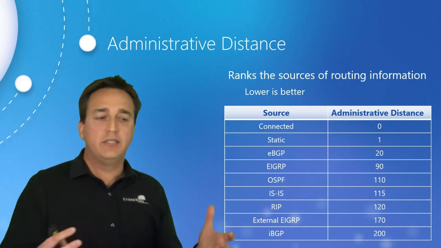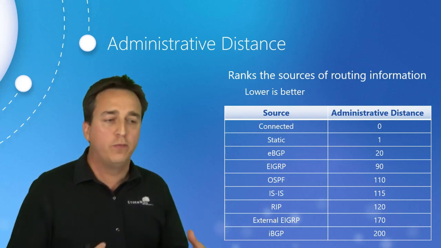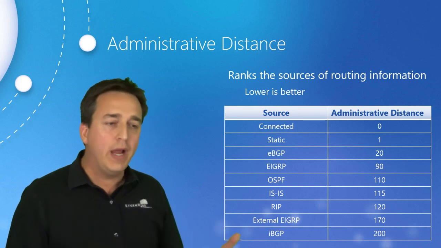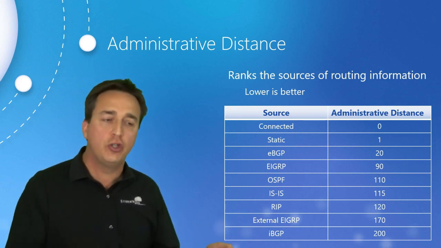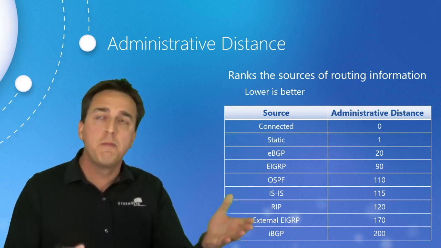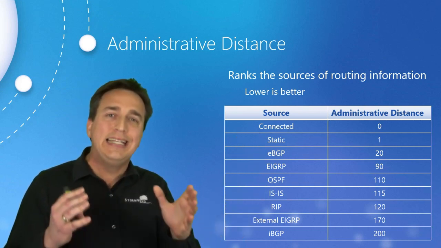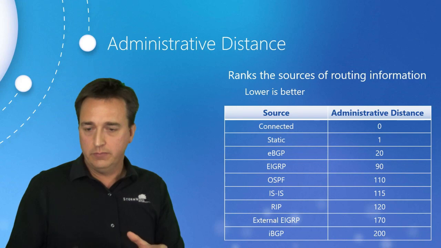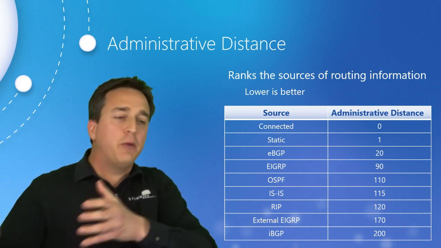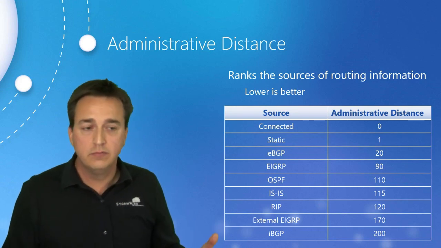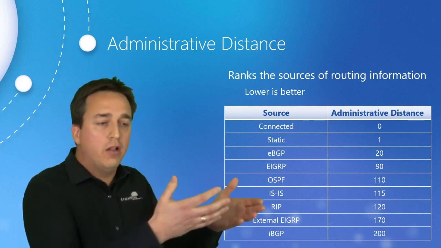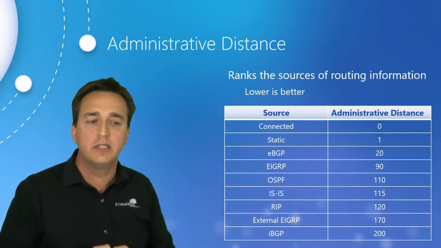is a ranking system for sources of information. And this ranking system is going to include different protocols or sources that are not exam objectives. So, for example, if EIGRP is not an exam objective, does it still require you to have knowledge of the administrative distance?